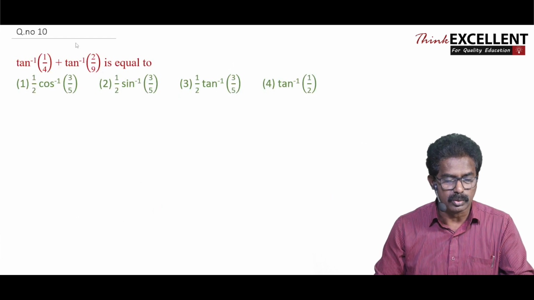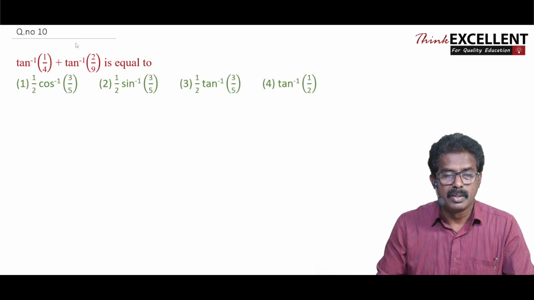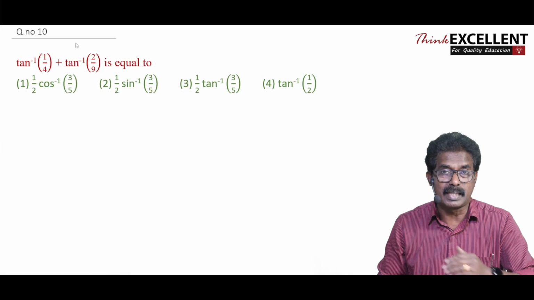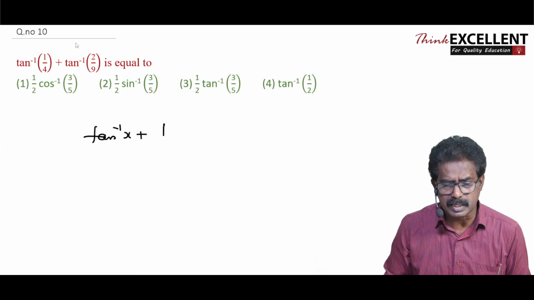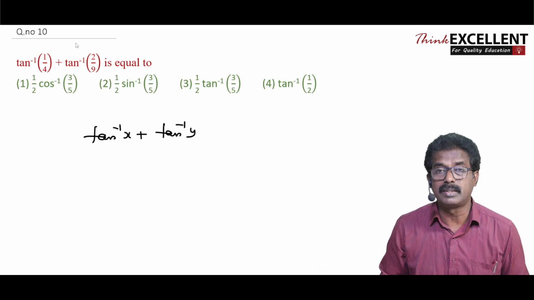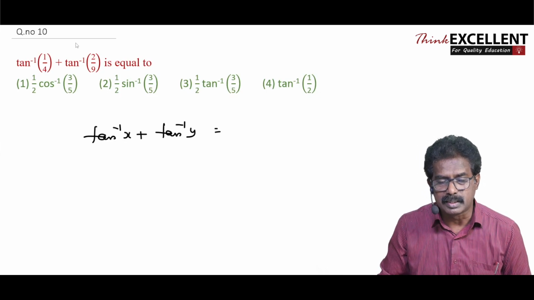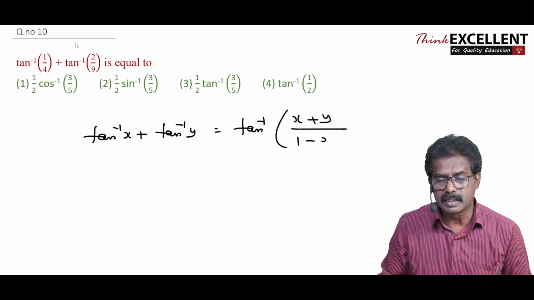Now let's move on to question number 10. Again property. Next set of properties you have to study. What is tan inverse x plus tan inverse y? Tan inverse of x plus y by 1 minus xy.